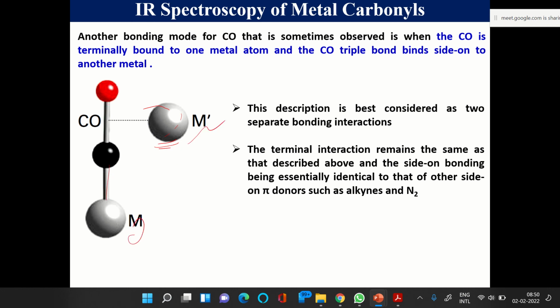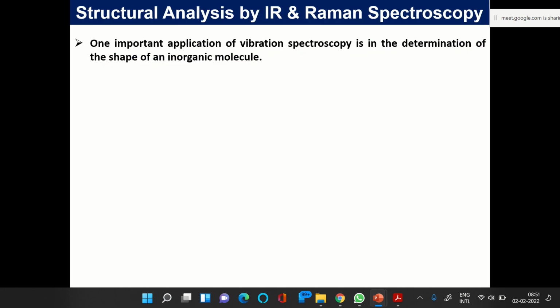So this is a sideways, side-on bonding, similar to how it interacts with the ethylene electron cloud, the double bond electron cloud. The pi electron cloud is donated to the metal. So it is acting as a pi donor, just as alkyne and N2 do as ligands.